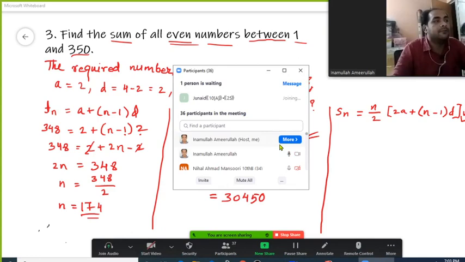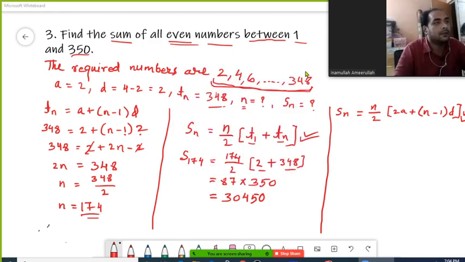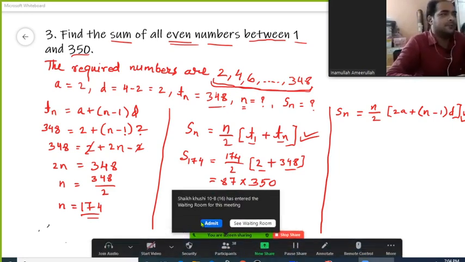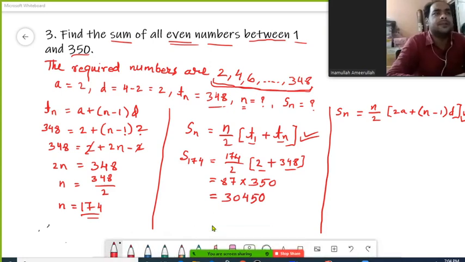If the last term of the sequence is not known, you can use this formula, that is n by 2, this one. It doesn't matter which formula you're using, in both cases you will get the same answer. So any one of these two formulae can be used to find the sum of n terms.